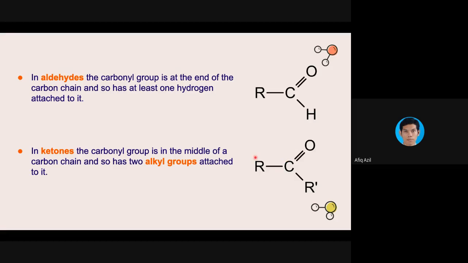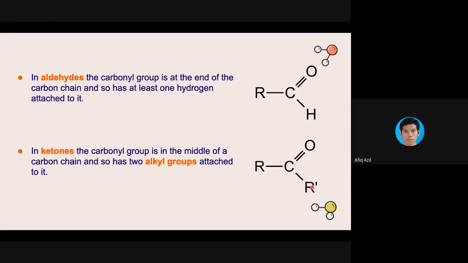It must be bonded with carbon, which is an alkyl group or aryl group. So you have R over here, and the other one is written as R prime. R prime means that both of these can be different. Let's say you have CH3 over here. This side may be CH2CH3, for example. It doesn't have to be necessarily the same.